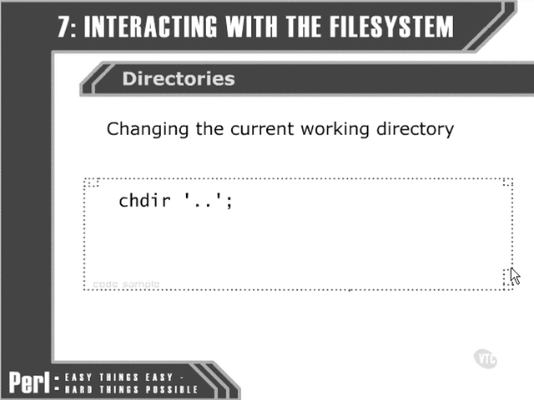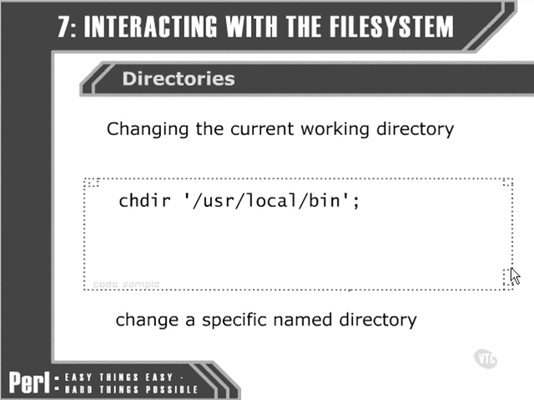So for instance, this little line here would change the current working directory to the parent directory of whatever we're on at the moment. We could of course also use an absolute path to a specific named directory, such as this one here.